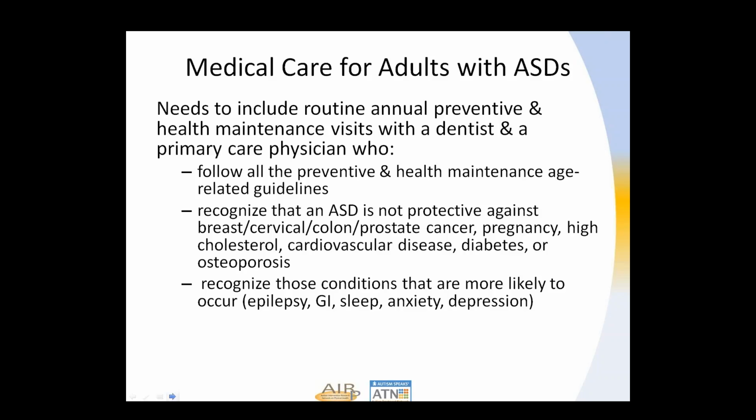When we look at medical care for adults with autism, they need routine annual preventive and health maintenance visits, the same as those of us on this webinar do. They need to see a dentist and a primary care provider who follow regular preventive and health maintenance, age-related guidelines, and recognize that autism is not protective against developing the same kinds of illnesses that those of us on this webinar might develop: cancer, pregnancy, cardiovascular disease, and so forth.